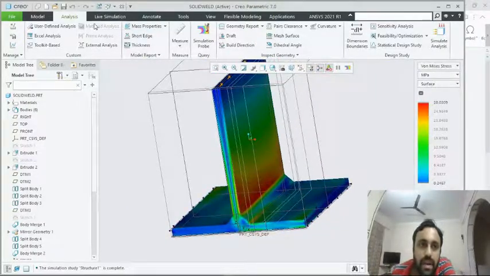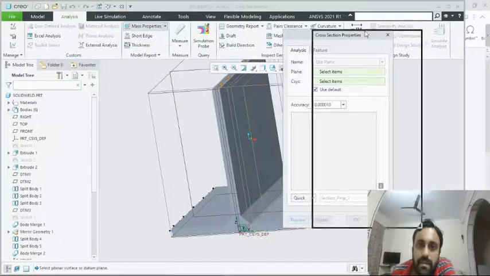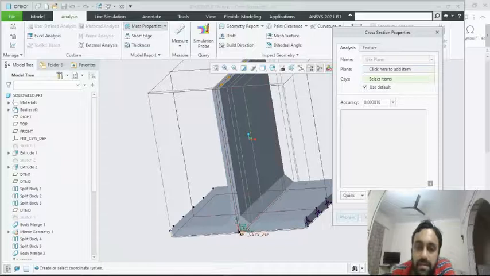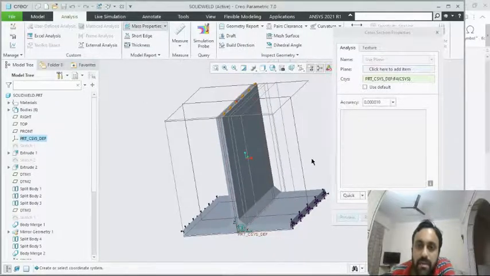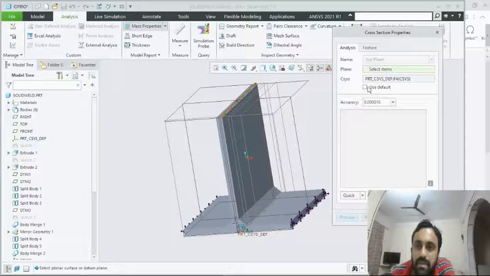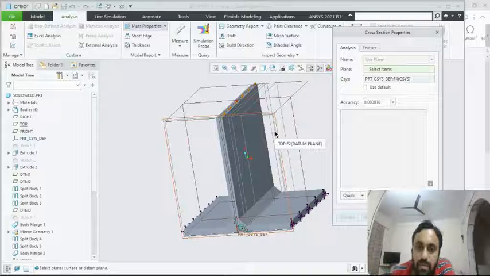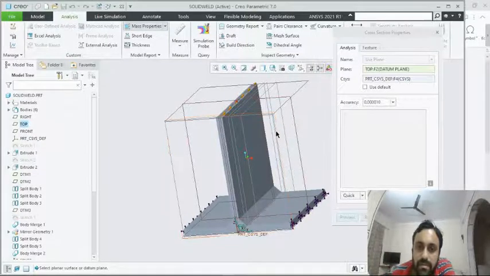So we go to analysis, mass properties, section mass properties, and we select the CSYS, that is this one, and we select the plane that is at the top of the section.